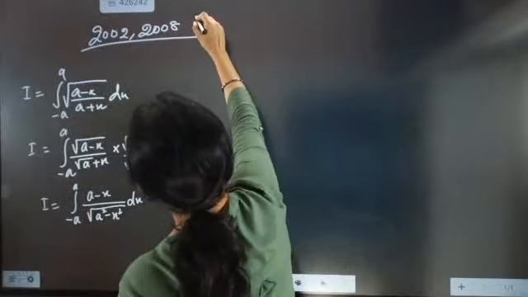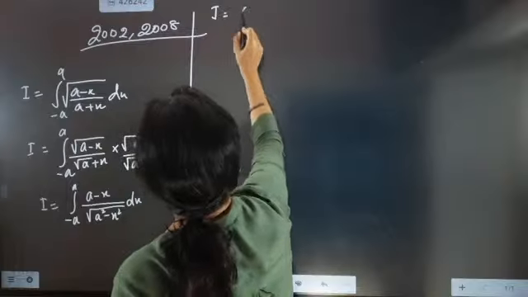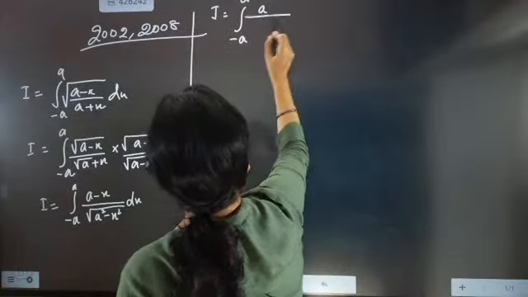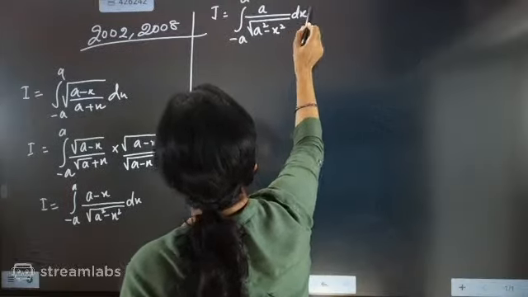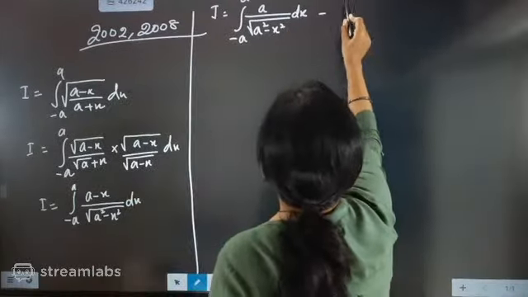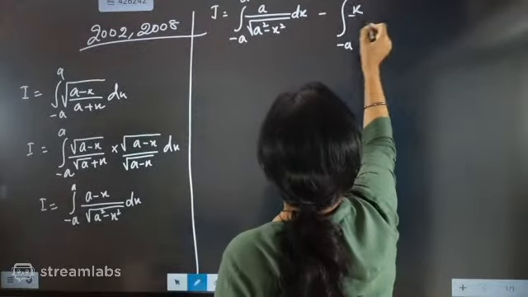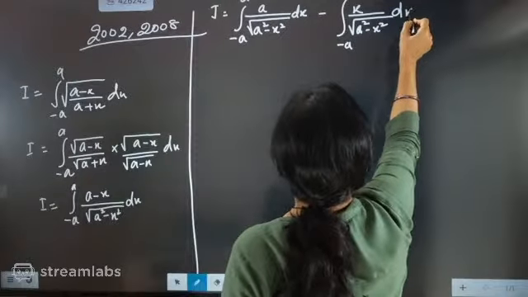So what we can do here is, we are going to write I equal to minus a to a, a by root under a square minus x square dx, and then minus, minus a to a, x by root under a square minus x square dx.